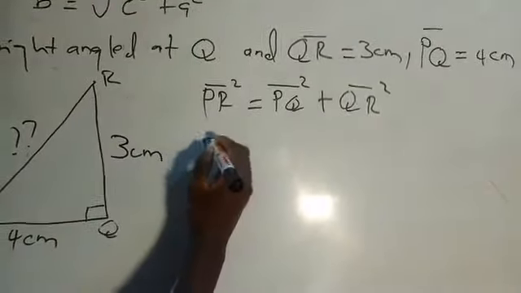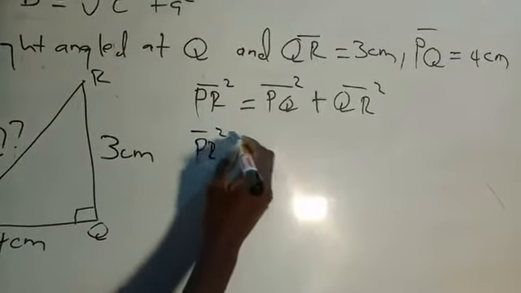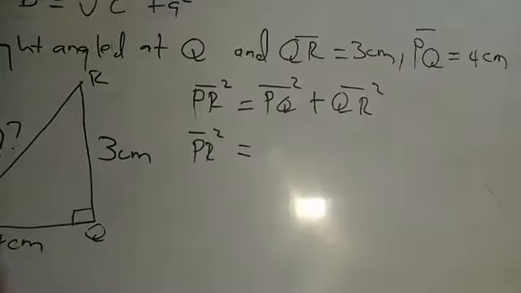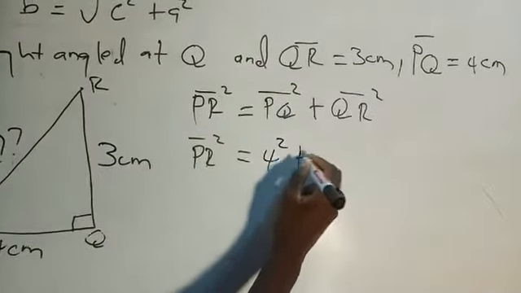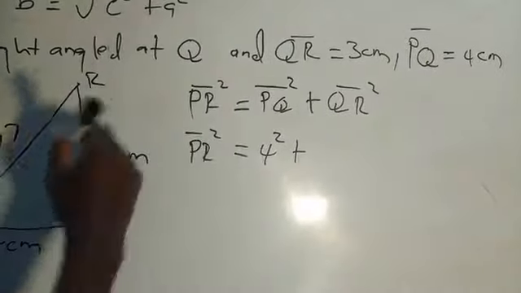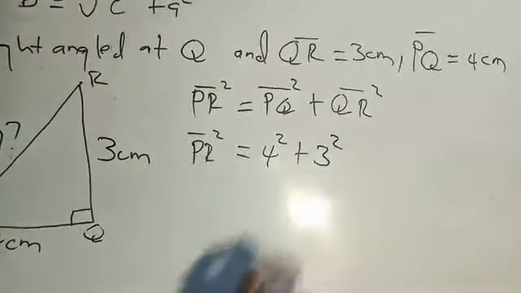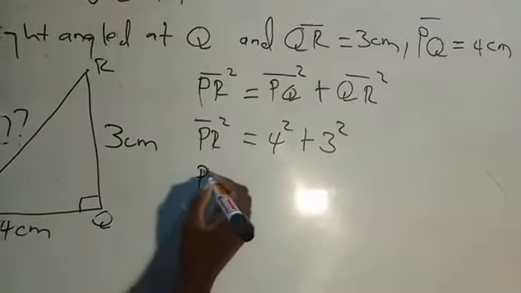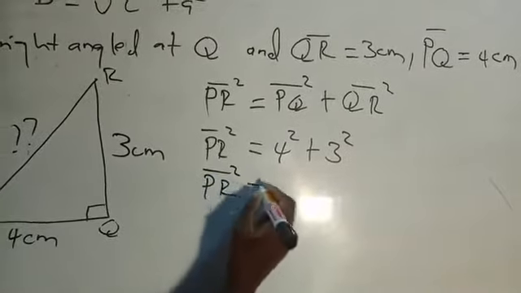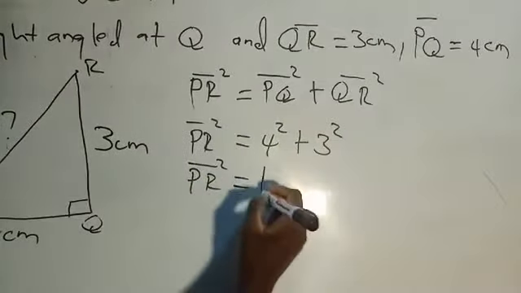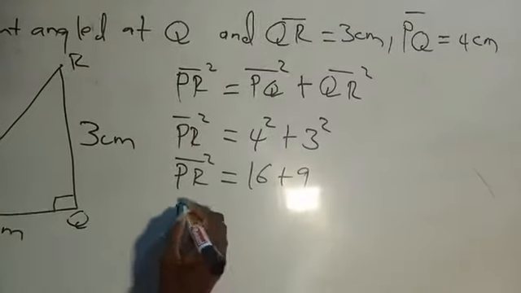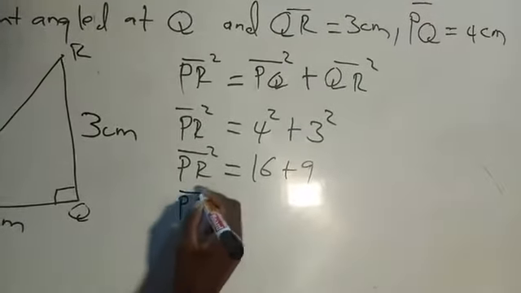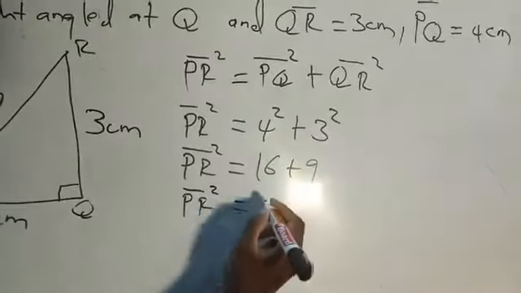Applying the figures, PR squared is 4 squared plus 3 squared, which is 16 plus 9, becoming 25.